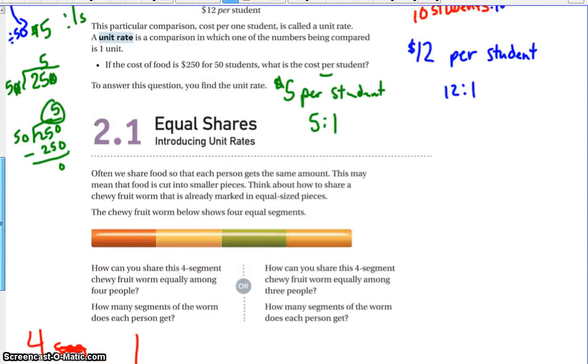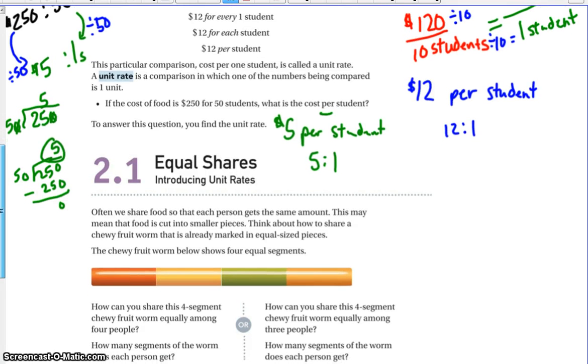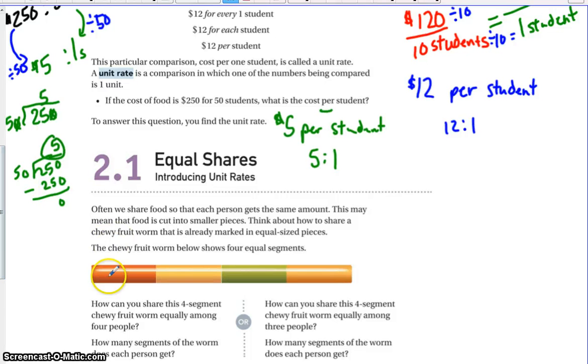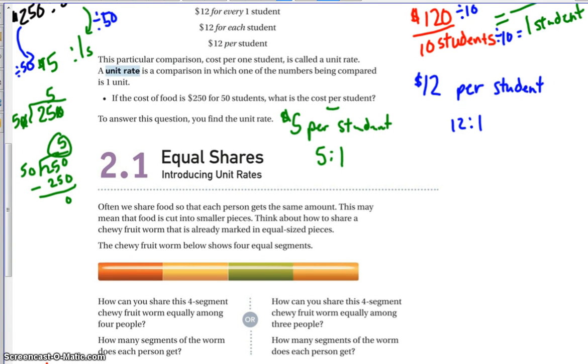Today we are going to be talking about, or in class tomorrow, we're going to be using chewy fruit worms. Now, chewy fruit worms is a very long name for simply a gummy worm. So let's take a look at this next question.